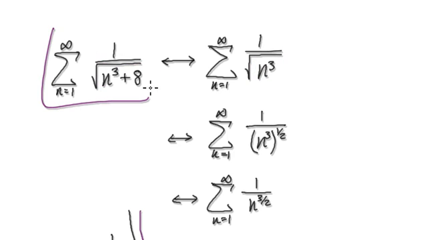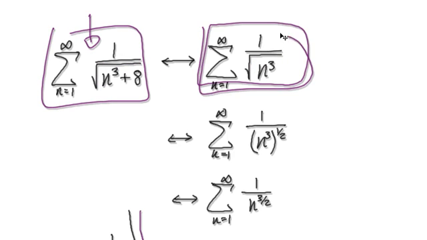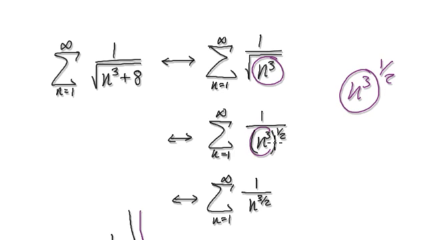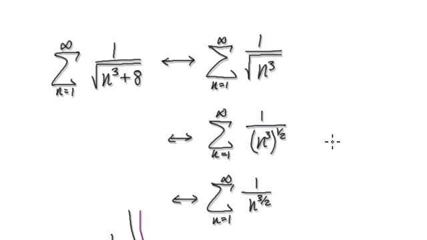So now rather than looking at this complicated thing here, we would look at this simpler thing here, and then tidy this up. When you square root this, you can imagine it as this to the power of a half. So that's this thing to the power of a half. And then x to the power of a, to the power of b, becomes a times b, that then gives you this.